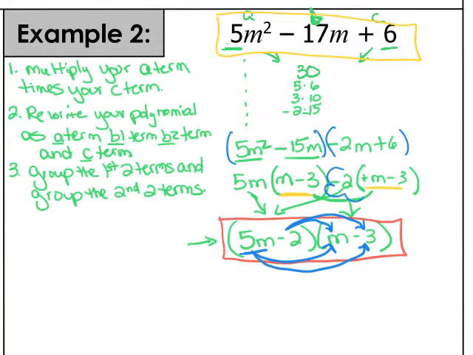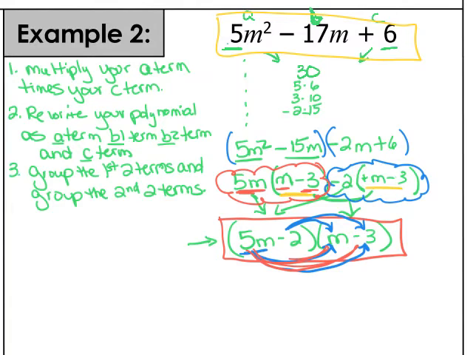Well, that's what this is saying here. Here I'm distributing the 5m to the m and the 5m to the negative 3. That's this first one here. And here I'm distributing this negative 2 to the m and the negative 2 to the negative 3. So we're just undoing it in reverse.